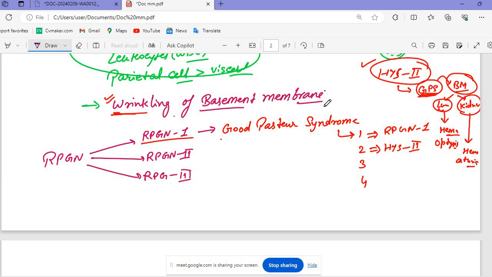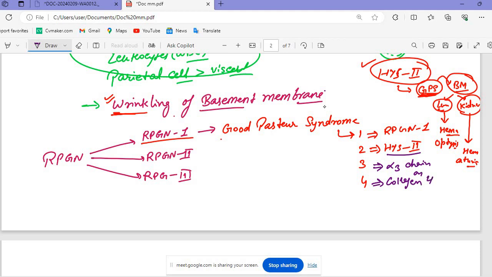Now let's come back to our topic. RPGN 1 is hypersensitivity 2, and the third point is the alpha 3 chain of collagen. Which collagen?